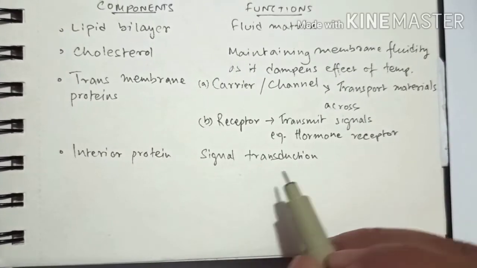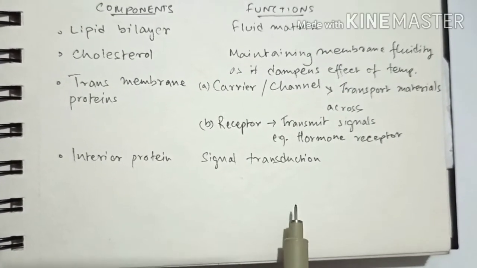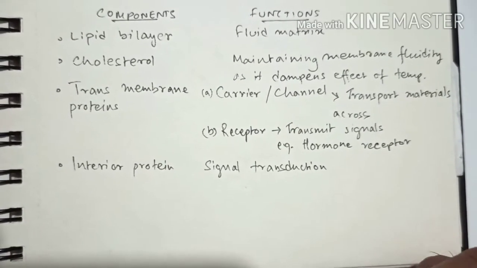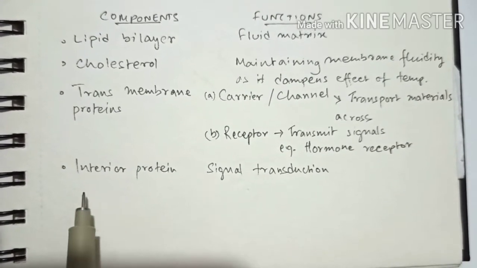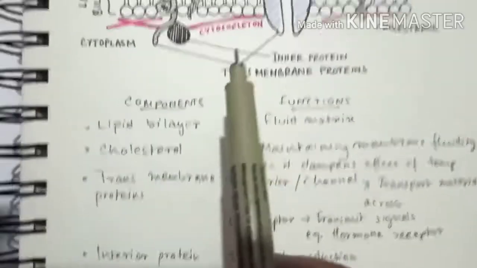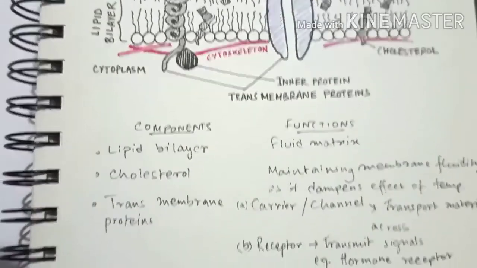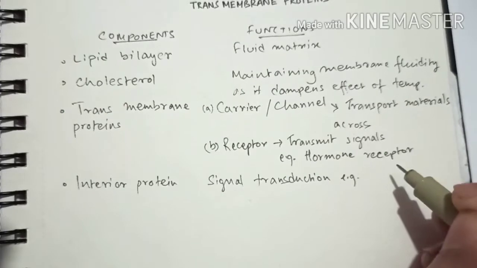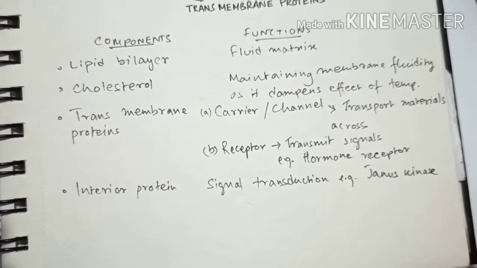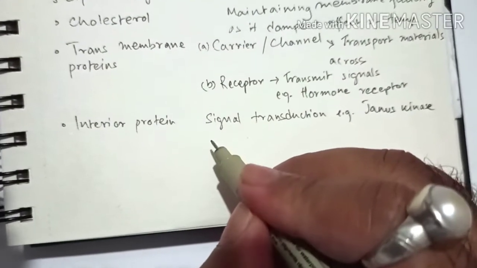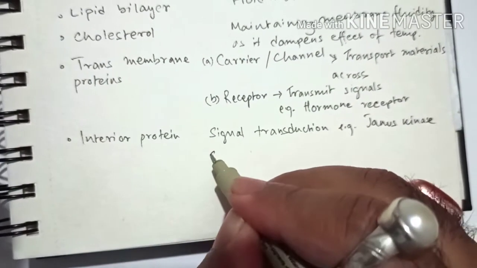So signal transduction is a very crucial thing for every single cell, be that a plant or an animal. And this signal transduction is mainly carried out by the integral proteins that can be found embedded like this one. So an example can be Janus kinase.